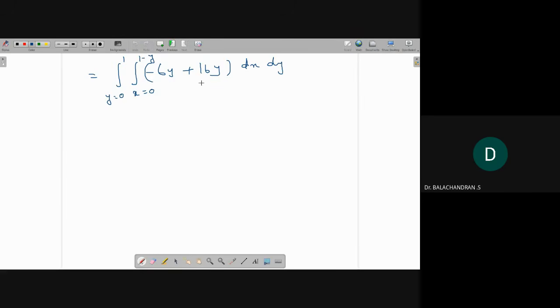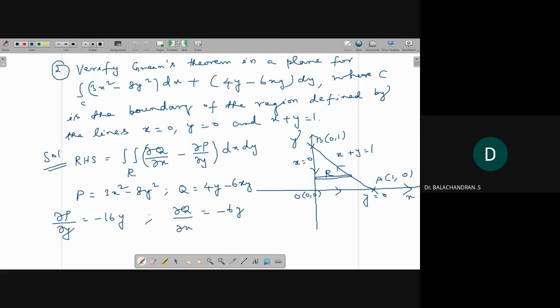Suppose you take a strip for dy dx, where dy dx means here y, here x. Then you should take a strip parallel to the y axis.